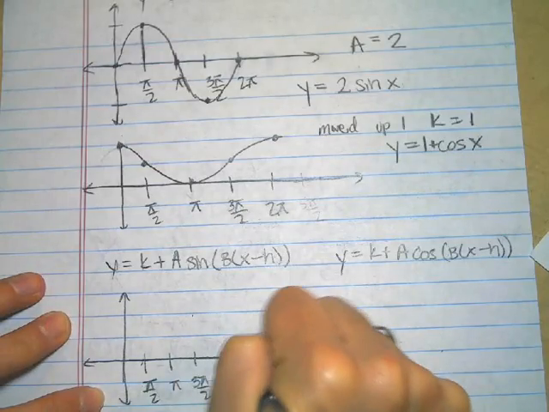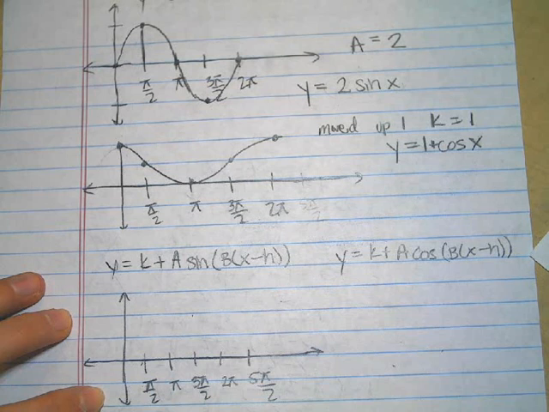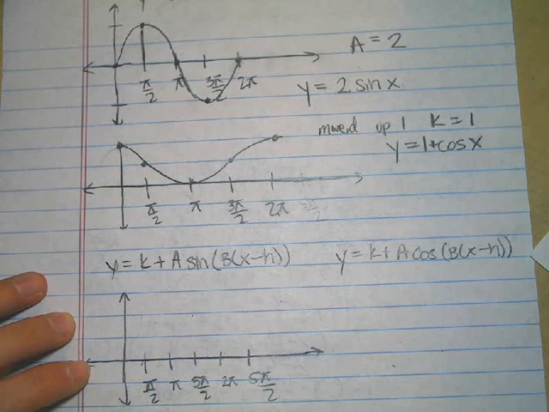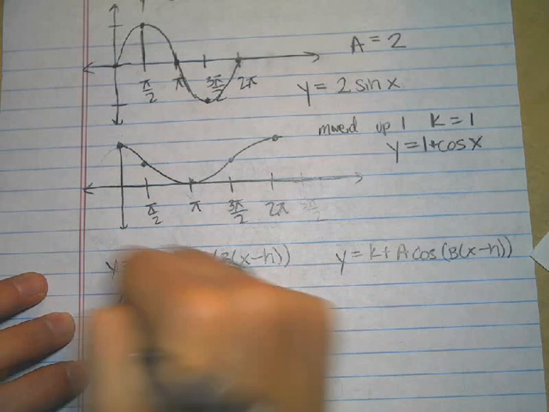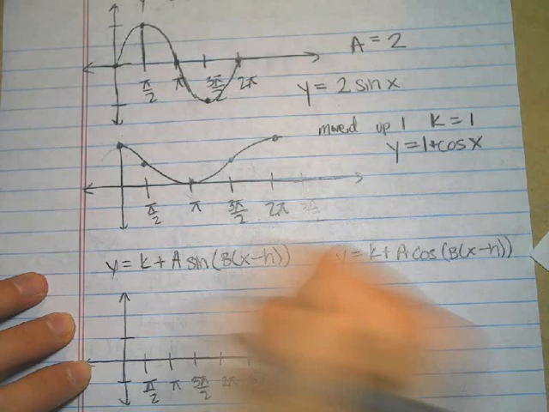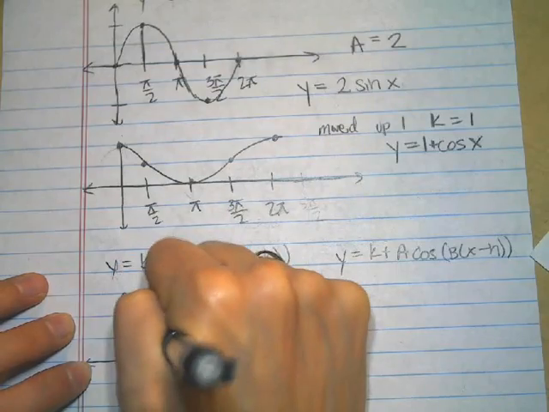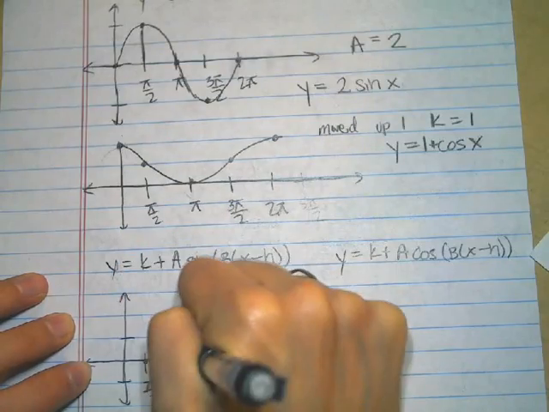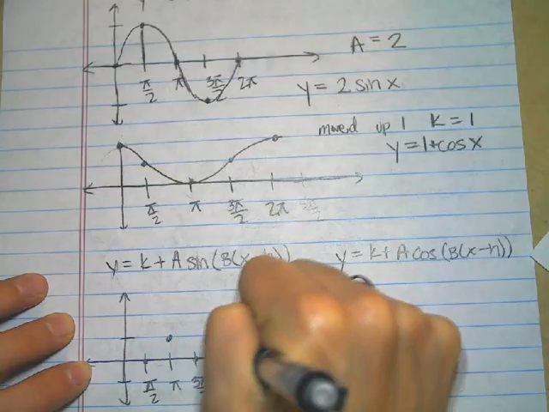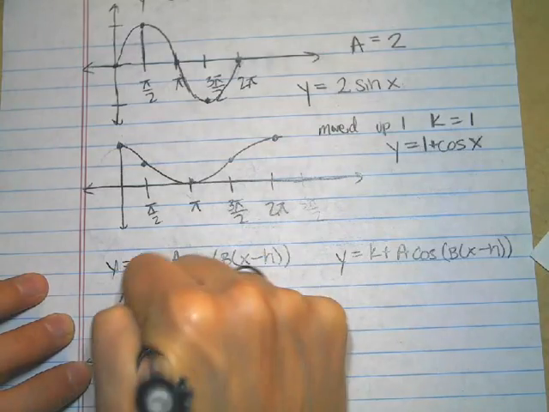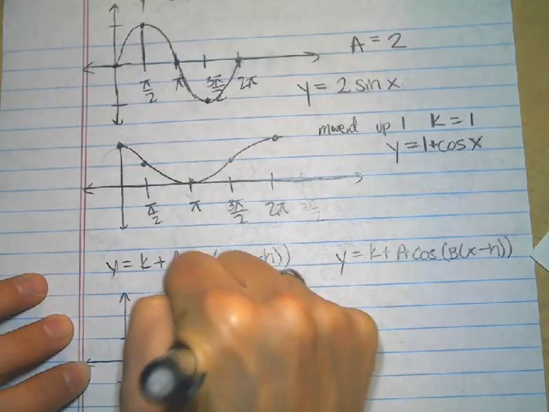There is something happening horizontally. What happened? This is a 5. This is a 3. What happened to this? There is something that happened to it horizontally. It's not starting at 0 anymore. Where did it start? Well, pi over 2.